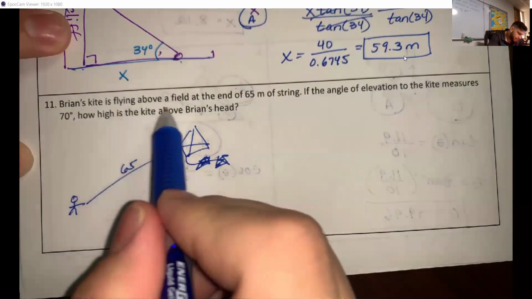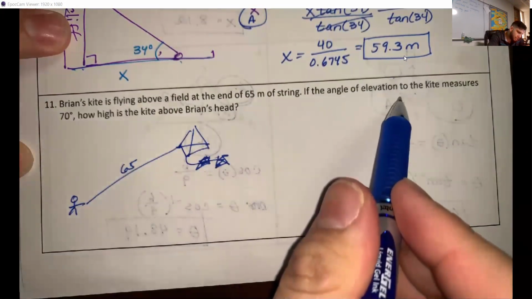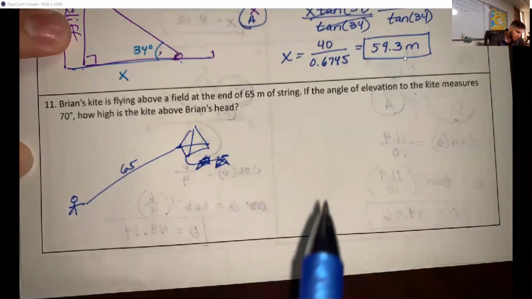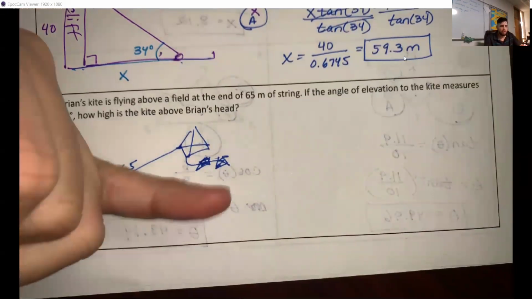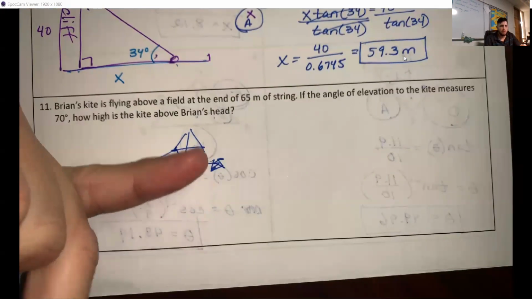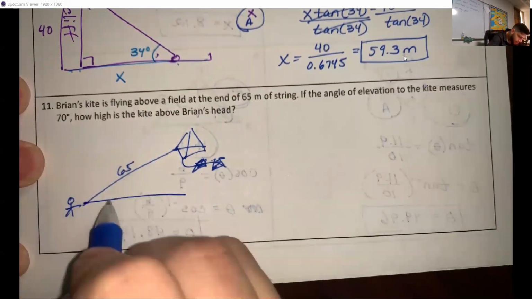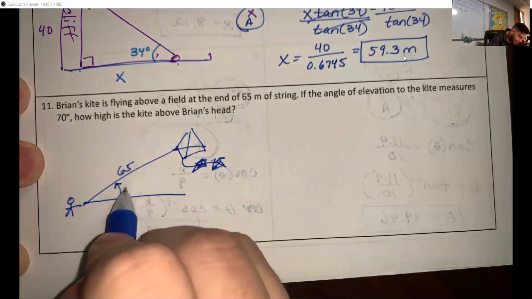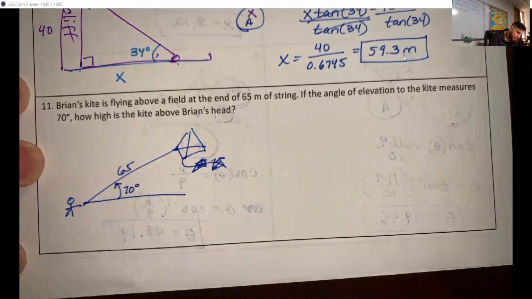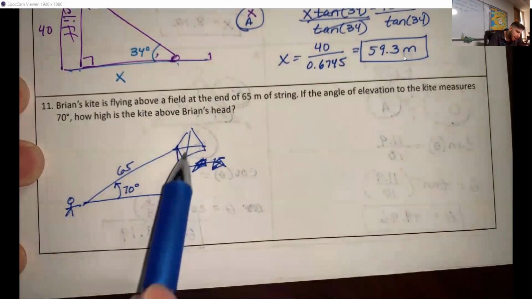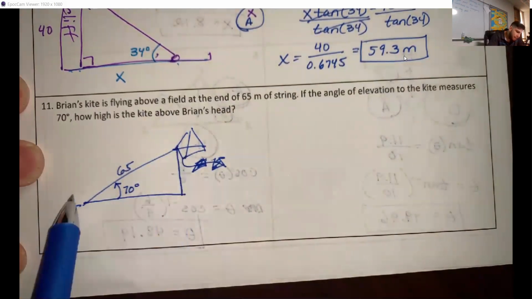Let's see, if the angle of elevation to the kite measures 70 degrees. So again, angle of elevation, we're starting from the horizontal and we're moving up. Up, we have 70 degrees. And then we want to know how far is this kite above Brian's head?